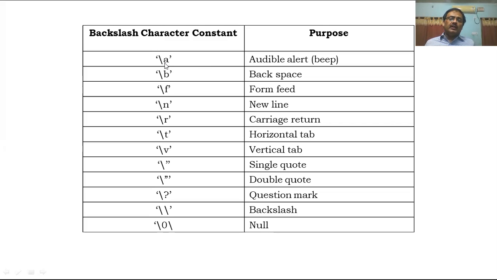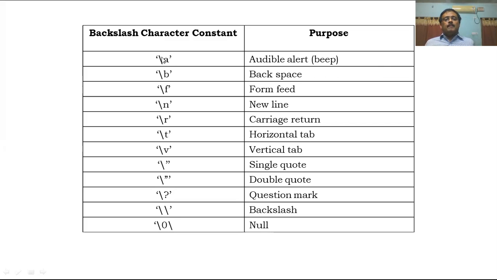Even though you are looking at two characters in backslash a, in C programming language these two characters, backslash a or backslash b or backslash f, are combinedly treated as a single character. That's why any backslash character is enclosed within single quotation marks.